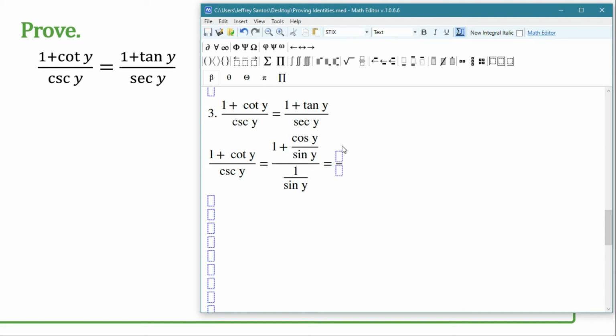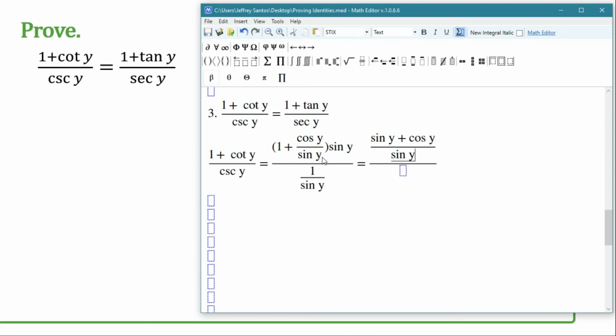That will yield the sine of y plus the cosine of y over the sine of y.